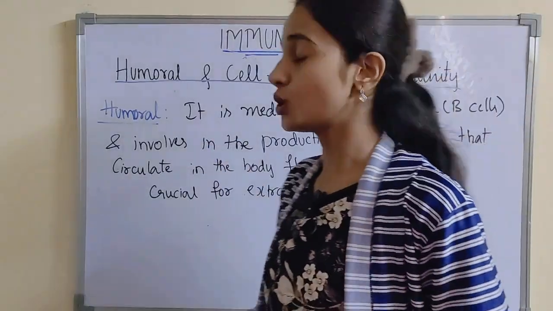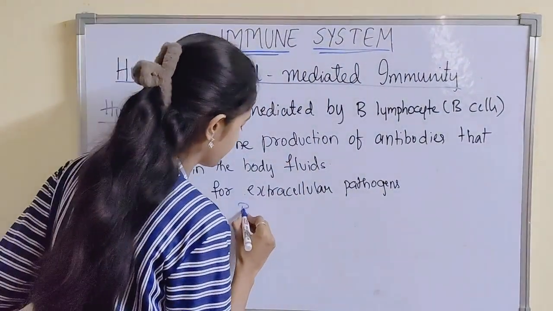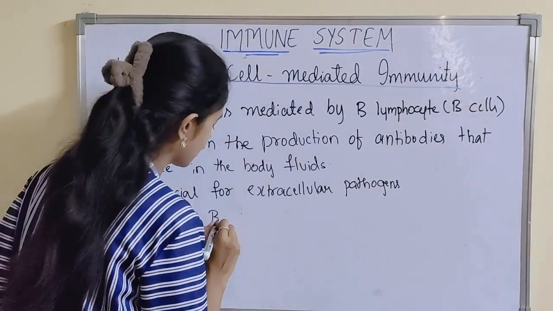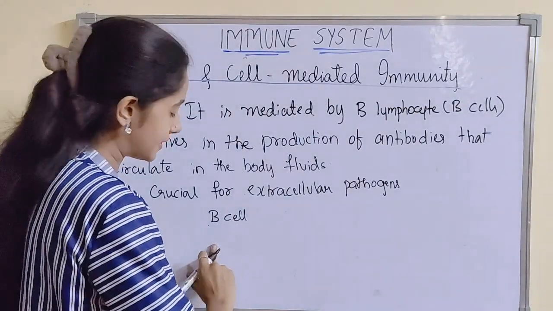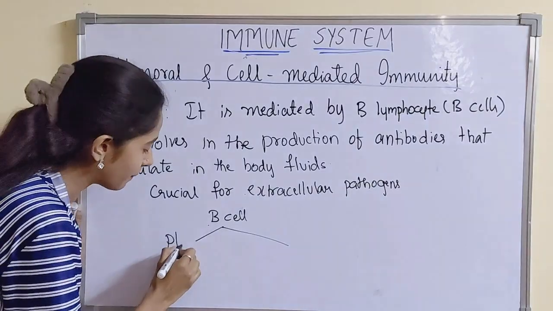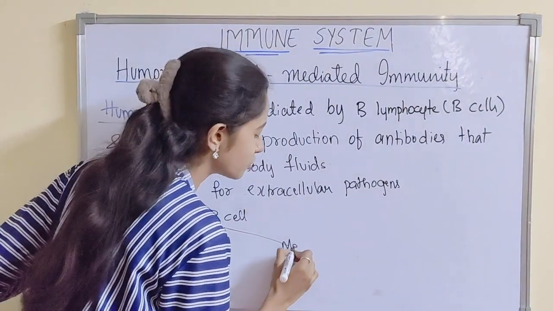यहाँ पे क्या होगा, जो हमारे B cells होंगे, B lymphocytes, those B lymphocytes get activated with the help of helper T cells, और ये दो टाइप्स के सेल्स बनाएंगे. ये एक होगा प्लाज्मा सेल and the other one will be the memory cell.